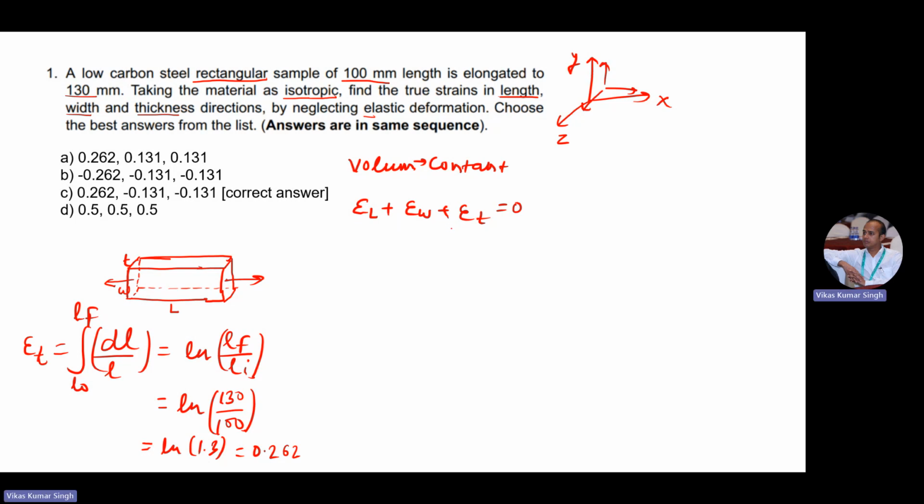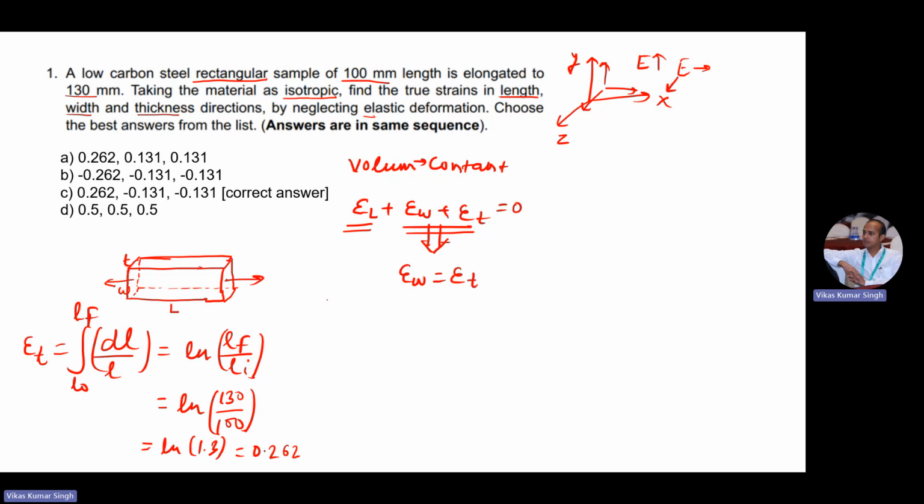So now we have this value, we don't have this value, and we have to find it out. For an isotropic material, the strain in this direction and this direction and this direction are all the same. So generally for an isotropic material, this will be equal to this.